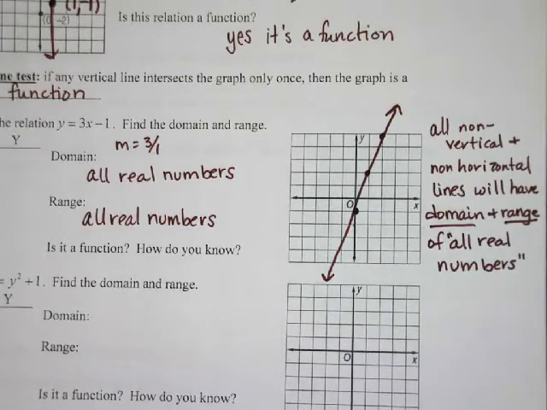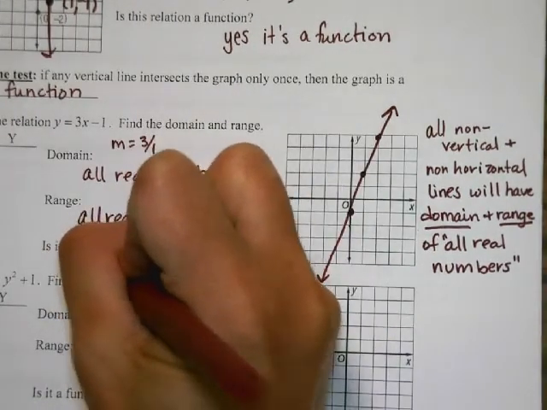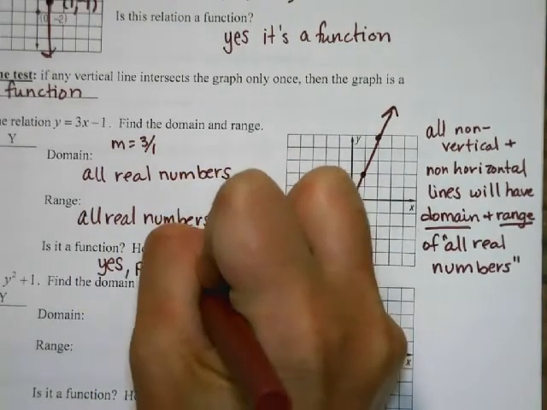Is this guy a function? Yeah, it is. No matter where I draw a vertical line, it will only touch it once. So it passes the vertical line test.